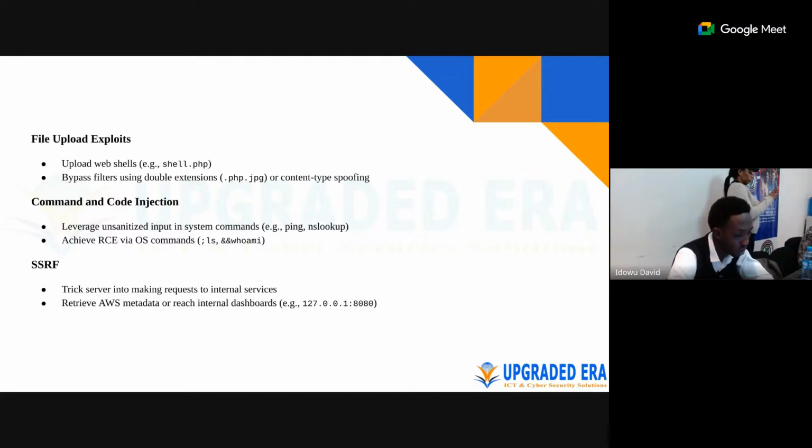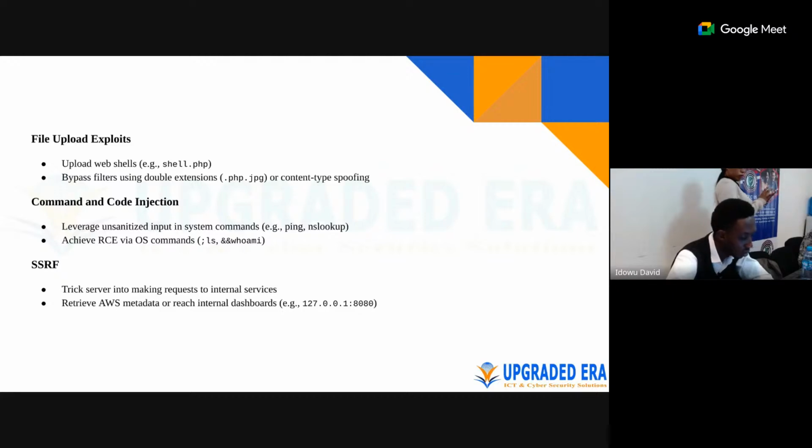Also, you can upload web shells that will give you remote code execution in the long run. Or you can also spoof the content type. Take for instance, an application uses a content type of, let's say, application/json, then you're trying to do something else. You can spoof the content type to fit what you're trying to gain.